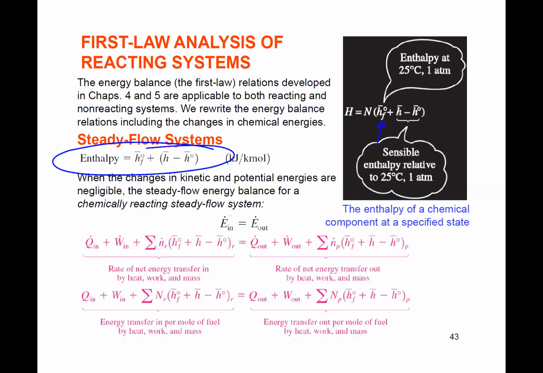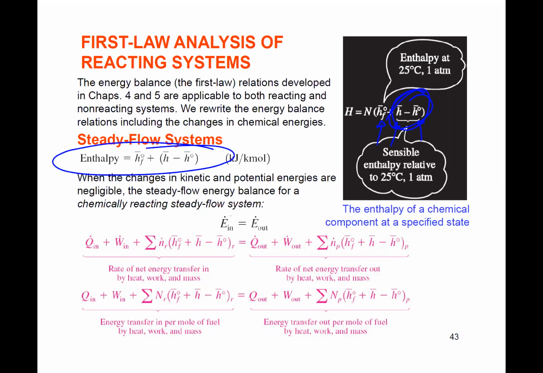We have the enthalpy of formation, and then we have the sensible enthalpy. And we have to basically have this difference because the enthalpy of formation already includes everything up to 25 degrees Celsius. So we have to subtract off that component when we have this enthalpy in there. So we only get what's that energy above 25 degrees Celsius from this section.